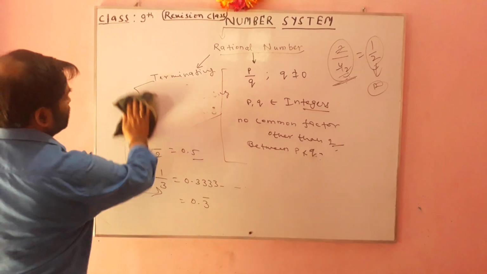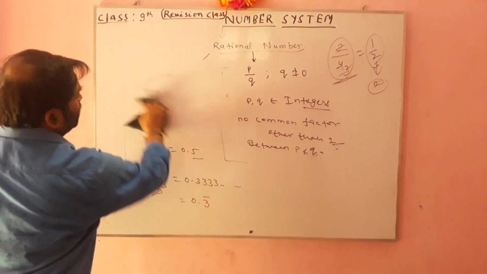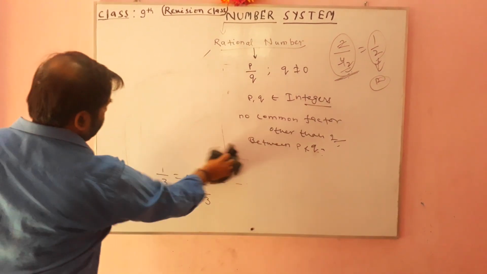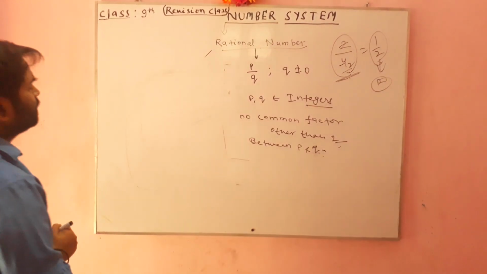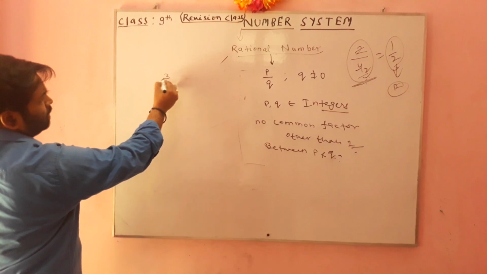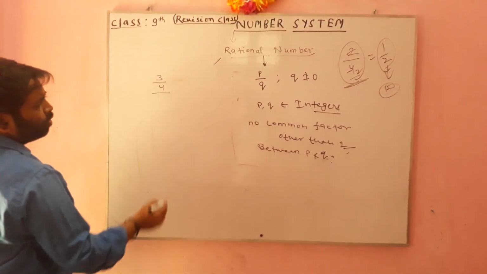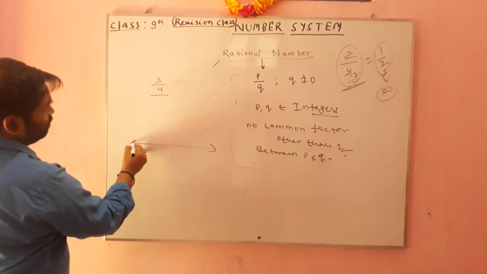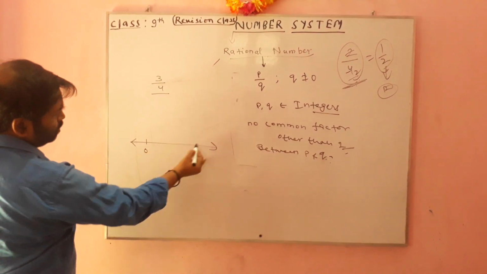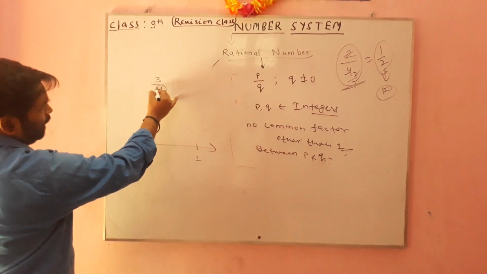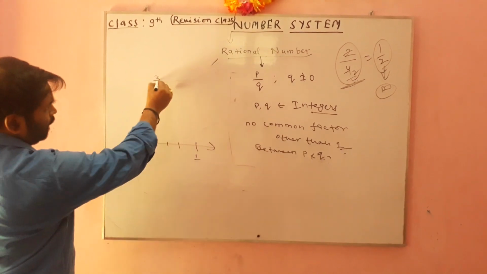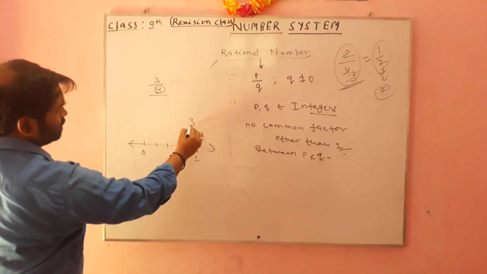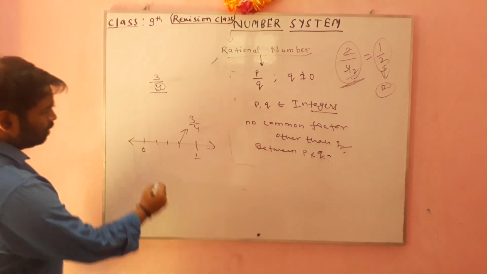Representation of rational numbers. You know very well, suppose we have to represent 3 by 4 on the number line. What we do is take 0 and 1, the denominator is 4, so we divide into 1, 2, 3 and 4 parts, and the numerator is 3, so this is 3 by 4.